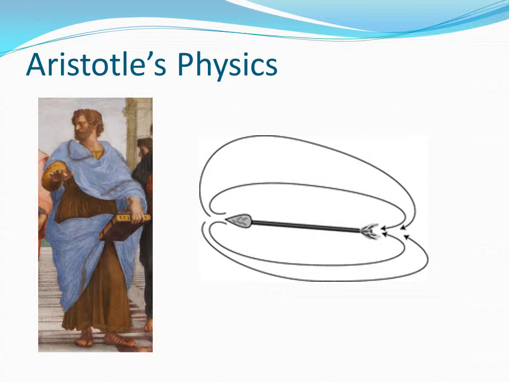Now, again, the good thing is that he's thinking. The thing that's not correct is that he's not doing any kind of experiment. Anyway, Aristotle developed a very vast description of physics, and that description included, of course, the idea of a geocentric or Earth-centered universe, and that, of course, is not correct.